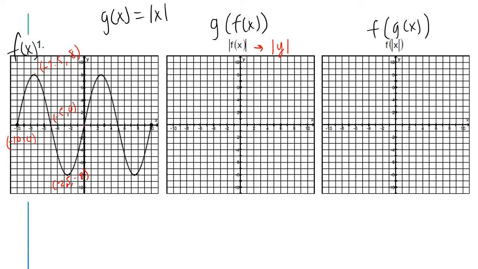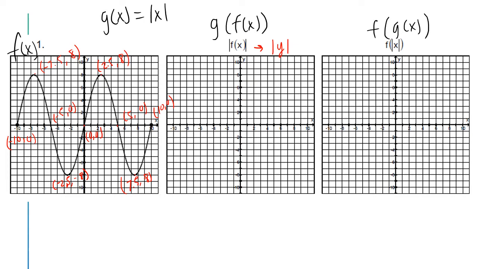Here we're at the origin, 0, 0. We're here at positive 2.5, comma 8. We're here at positive 5, 0. We're here at positive 7.5, comma negative 8. And we're here at 10, 0. Okay.